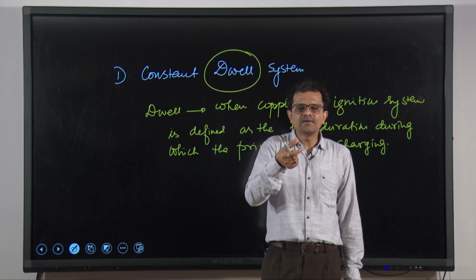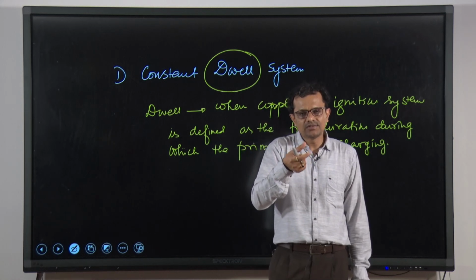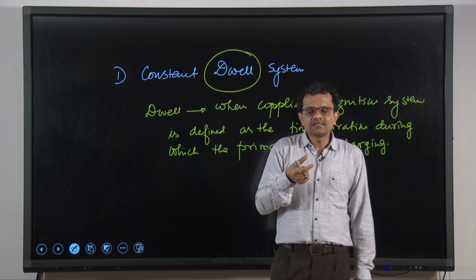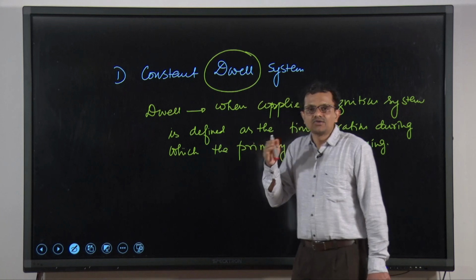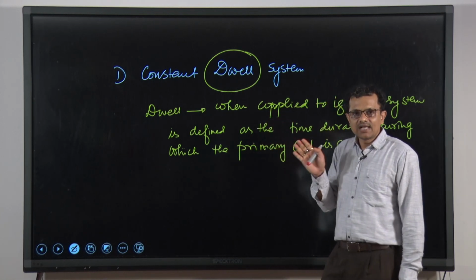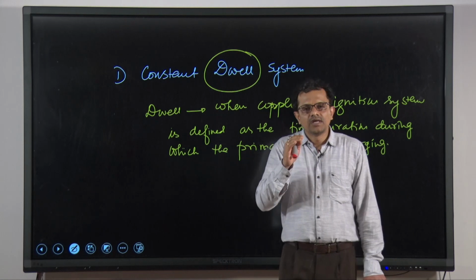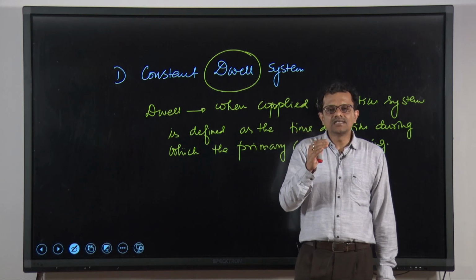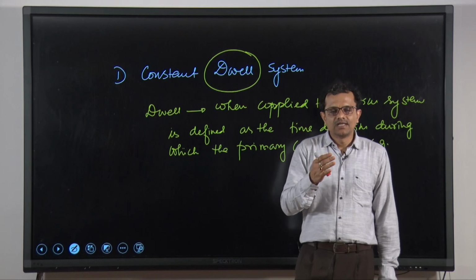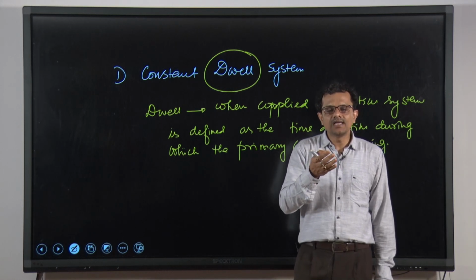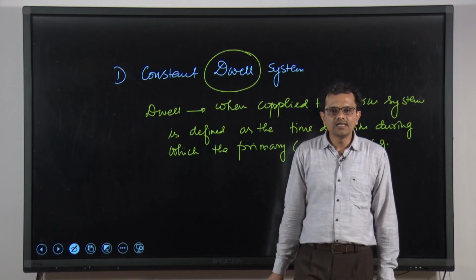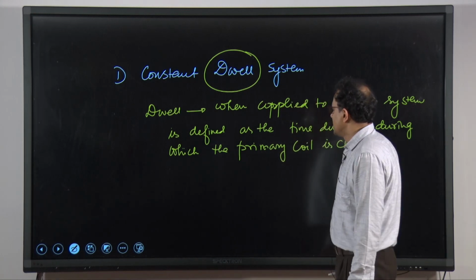In that case, the collapsing of the magnetic field will be delayed, and that discharging time will be very lengthy. So, it is not possible to meet the requirement. But now, using this constant dwell system, we can have a constant dwell time, that is, the charging time required for the primary coil will be the same irrespective of the engine speed. If that is the scenario, we can always supply a certain amount of power to the spark plug through the secondary coil or secondary circuit.